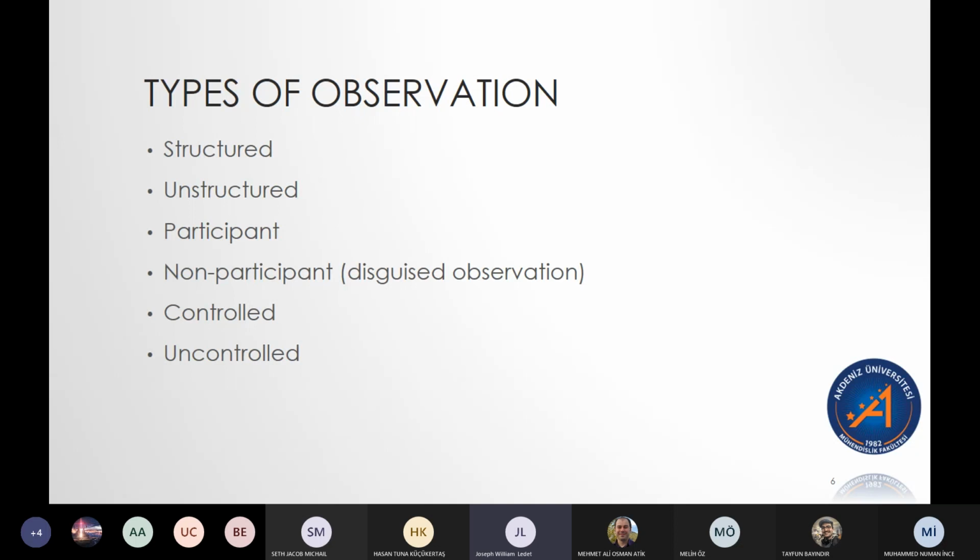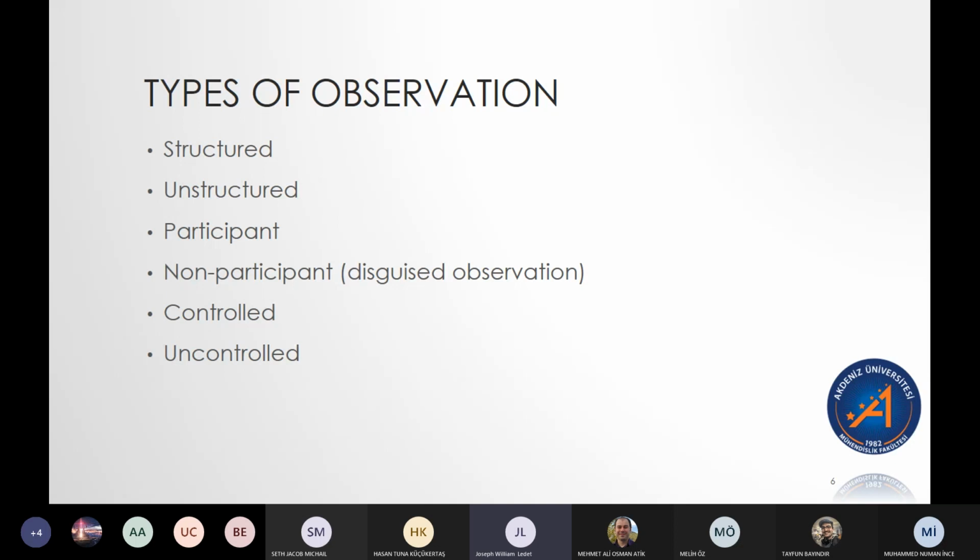The other option besides participant is non-participant. It's like an outsider observing. That doesn't necessarily mean that those being observed know that they're being observed. One of the old tropes we talk about in scientific study is rats in a maze, mice running a maze to study things.